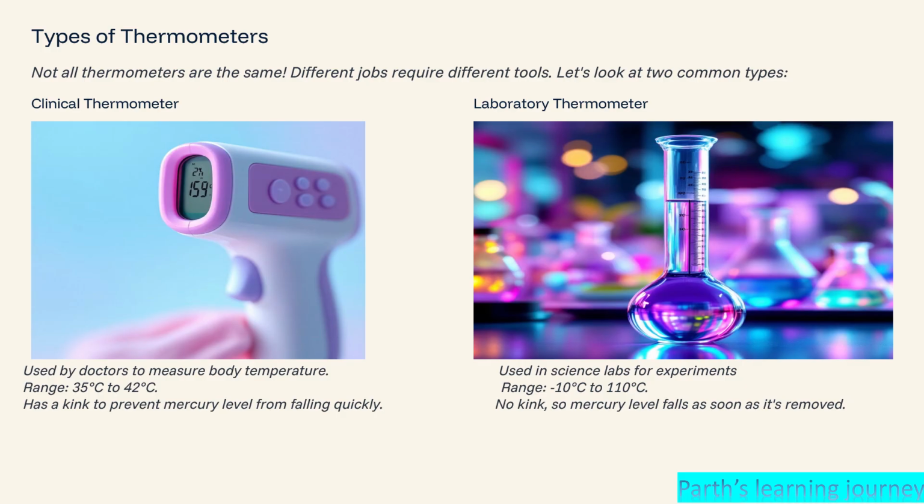We need a tool to measure temperature. So the tool is the thermometer. What is a thermometer? It is a device used for measuring temperature. In general, most materials, whether solid, liquid, or gas, expand on heating and contract on cooling.